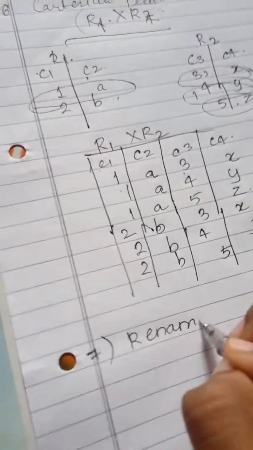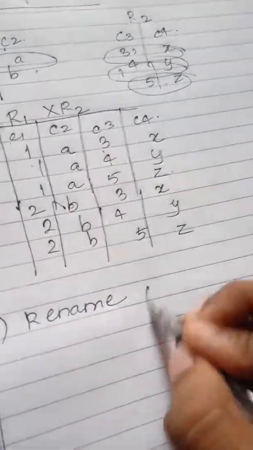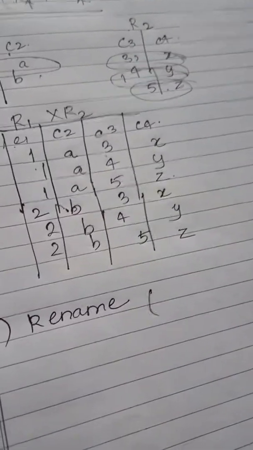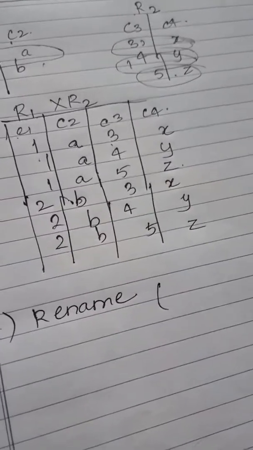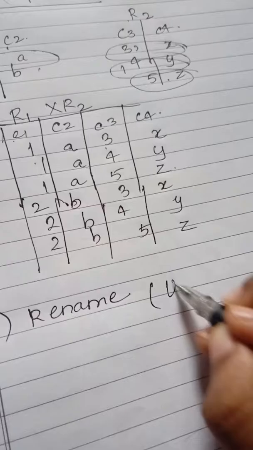Okay. Now the next operation is the rename operation. This rename operation is a unary operation. So we have seen composition, selection and projection to be unary, and another one is the rename operation, which is also unary.